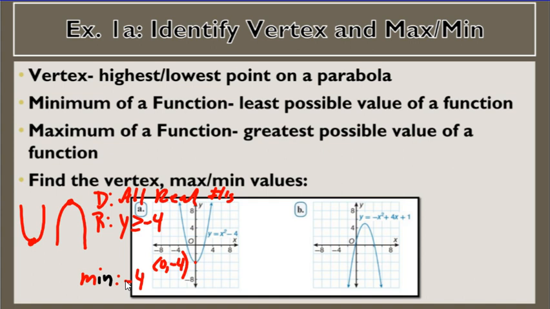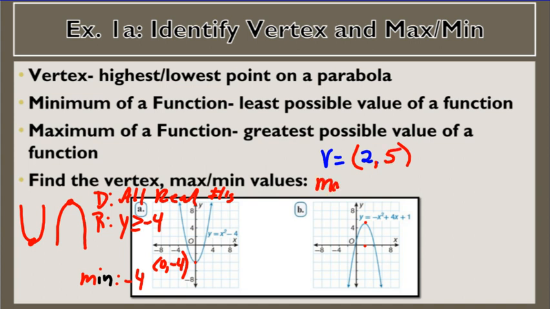Let's look at the second one, letter B. We have our vertex up on top. The vertex would be the ordered pair where x is at -2 or +2, and the y value is between 4 and 6, so that would be 5.